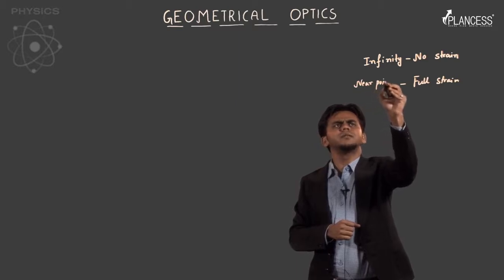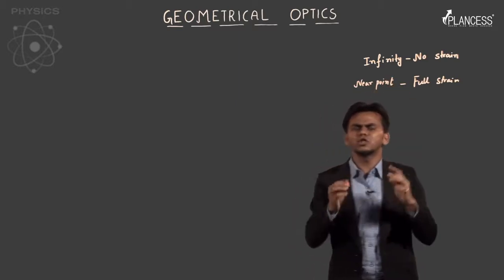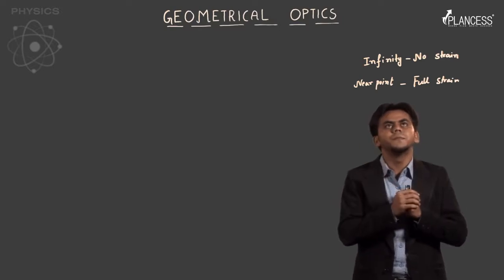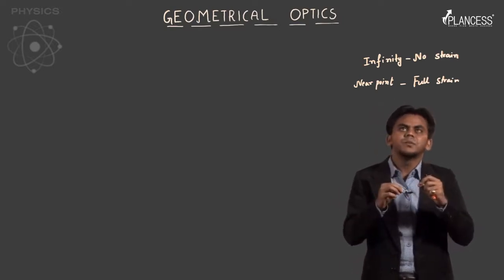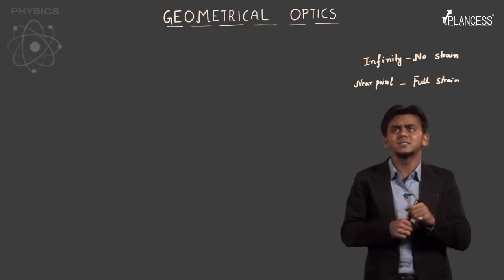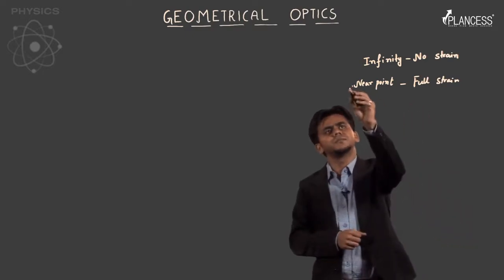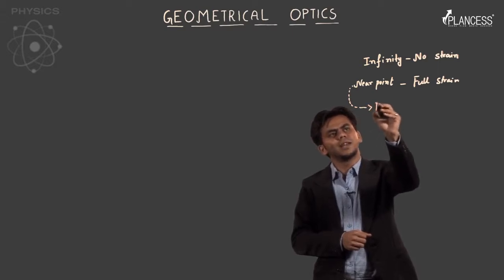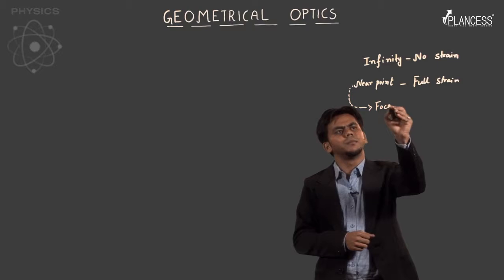You cannot see images closer than this. Why? Because under this situation, your rays have to be converged, which means under this situation, the focal length is minimum.